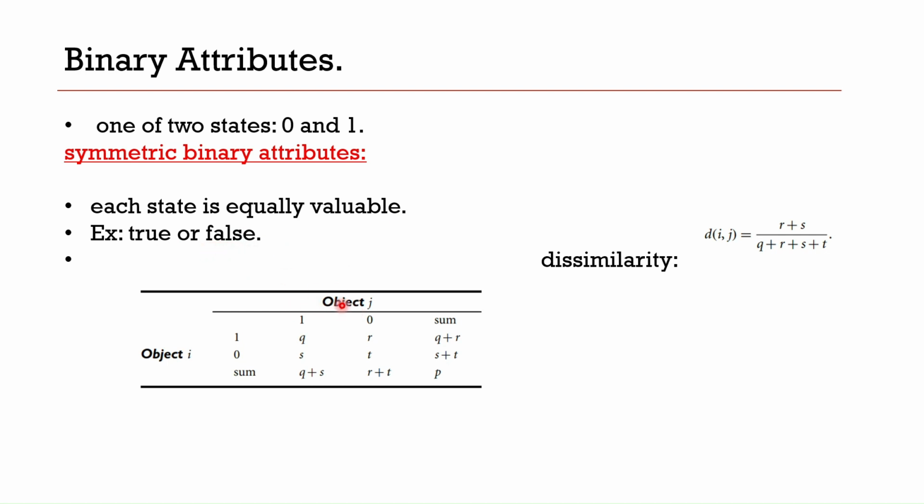For example, we can take object i and object j. The values are 1 and 0, and the sums are added. By using the dissimilarity formula, we can find the dissimilarity for the symmetric attribute. It is (r plus s) by (q plus r plus s plus t).